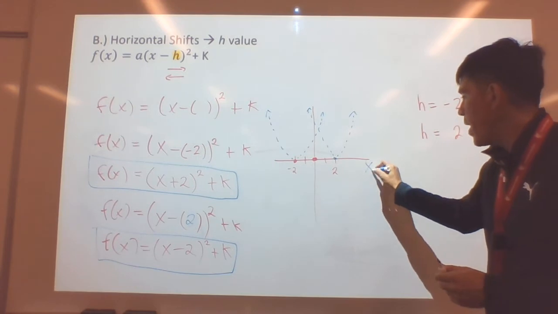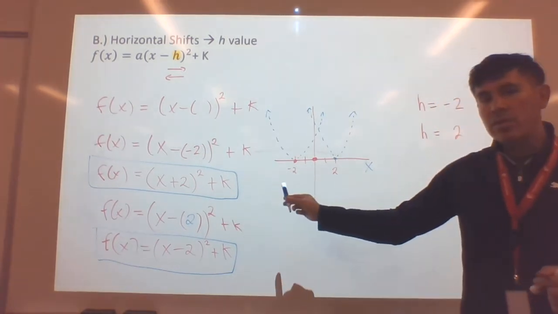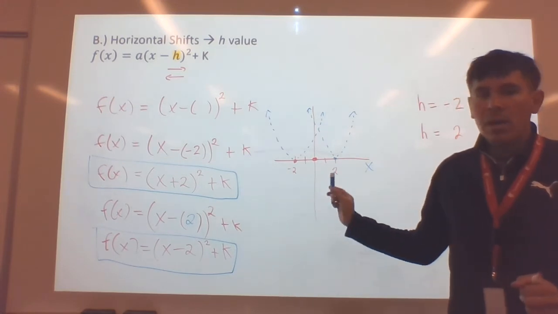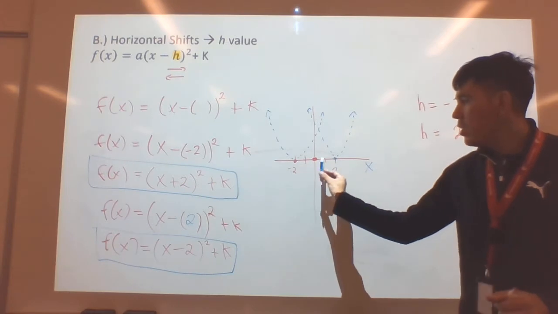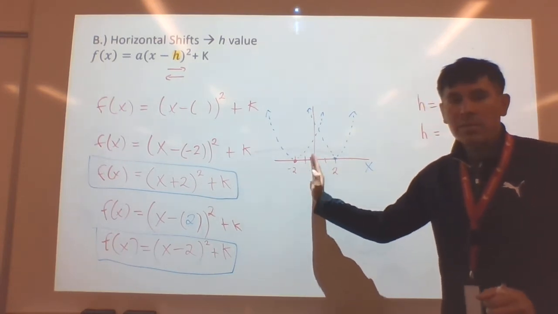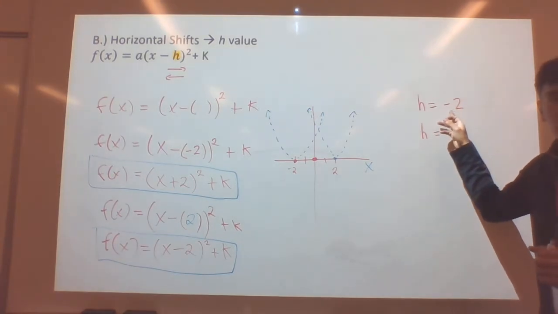Again, this is my x-axis. So in terms of my x values, what my h value is telling you is how many units we shifted over on the x-axis. So notice when it's positive 2, we actually went to the left 2 units. Why is that? It's because my h value to begin with was negative 2.